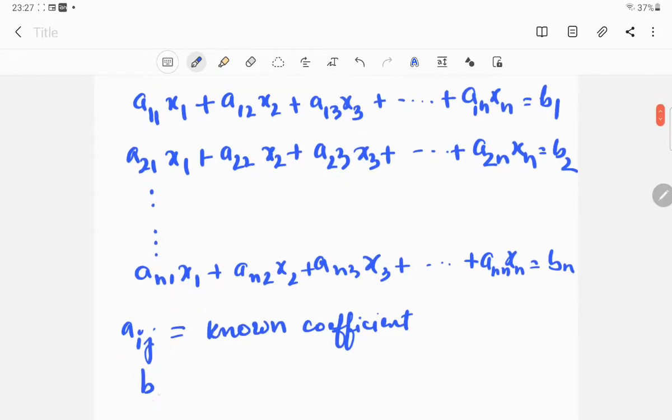These are all known values. So I will name them: bi are known values, and they are the values on the RHS.